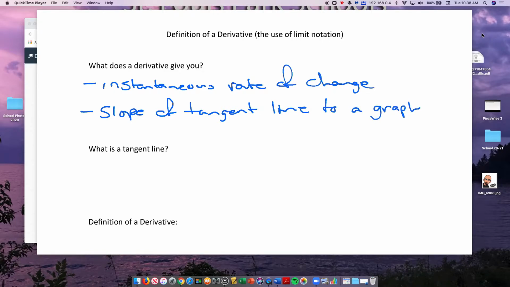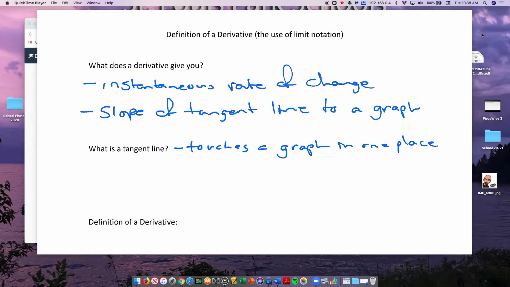You guys have probably only heard about tangent lines with circles, but we can also talk about tangent lines on graphs. Now, I understand that a tangent line touches a graph in one place, but it really only touches the graph and never crosses it.